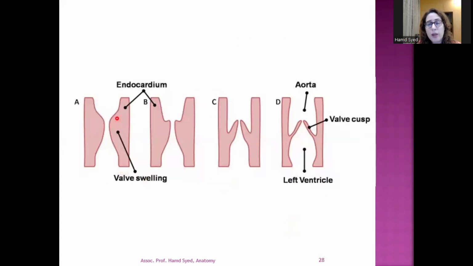Another aspect of the same process: these are the valve swellings appearing in the wall of the endocardium, and eventually, because of the flow of blood, they are leveled out into this anatomical structure, the valve cusp.